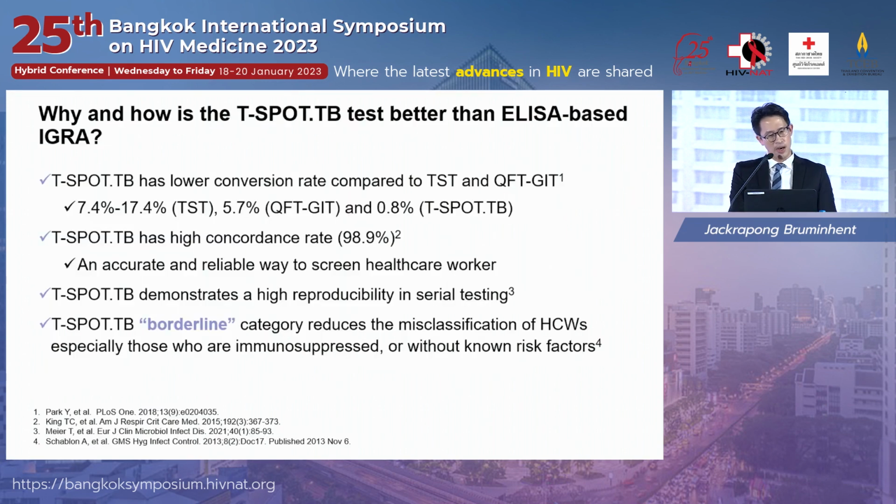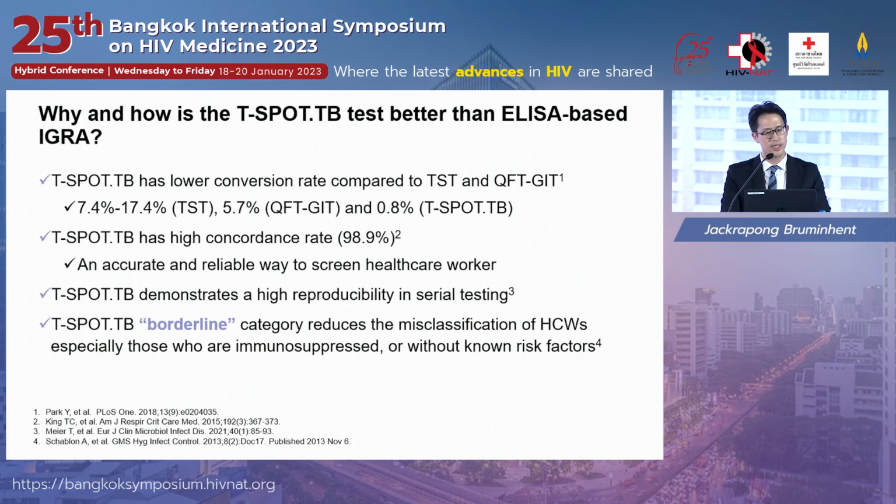So the T-spot is better than the ELISA test for another reason, because the T-spot test has a lower conversion rate compared to the tuberculin skin test and QuantiFERON, about 0.8% compared to 7 to 17% for the tuberculin skin test and 6% for the QuantiFERON.